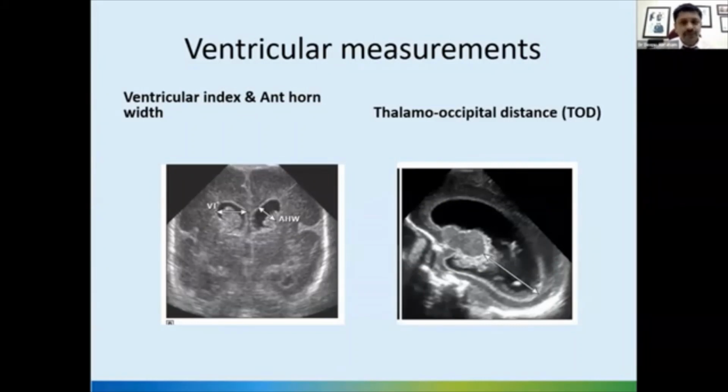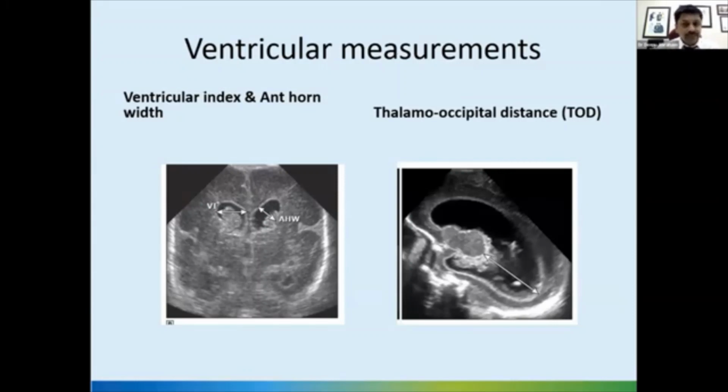The other parameter is the anterior horn width, which is a diagonal measurement. You measure in the same view, but diagonally, the largest difference between the two walls of the ventricle, as shown in this diagram.